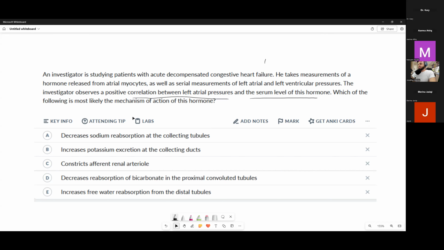So they're asking for the mechanism of action, and it's a hormone released upon decompensated congestive heart failure. I'm thinking it might be ANP and BNP. Yeah, it makes sense, especially when they're talking about atrial and ventricular pressure.